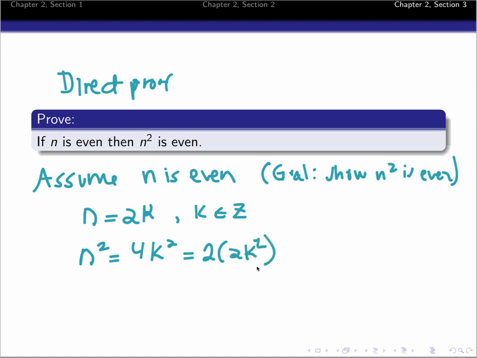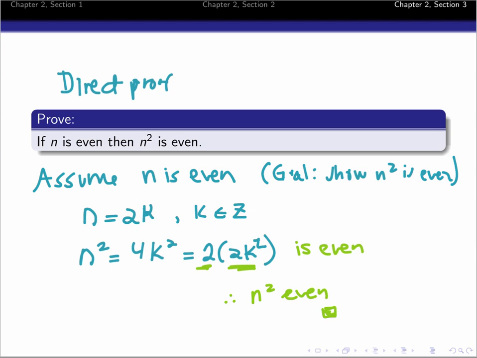And the reason I want to factor 2 out is to emphasize, to be even means you're 2 times something. So I have 2 times something, which is even. Therefore, n squared is even, and we're done. So direct proof is you start with your if part being true, and then work with it in some way to show that your then part is true.